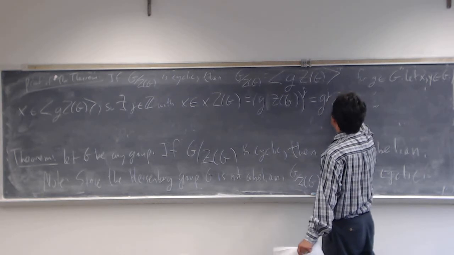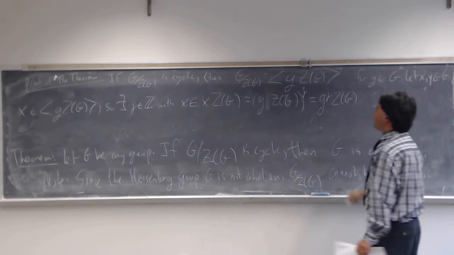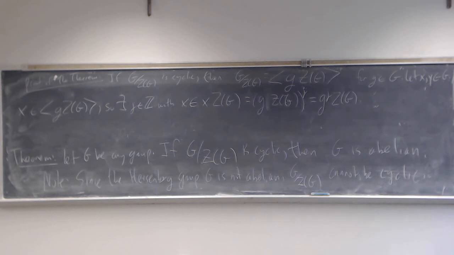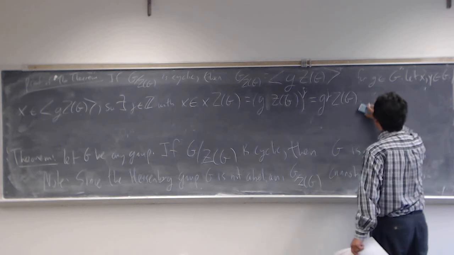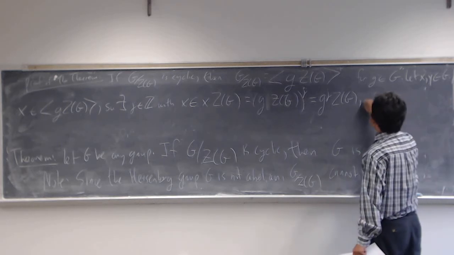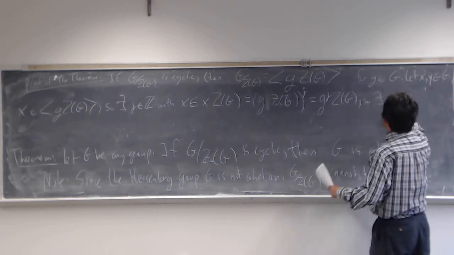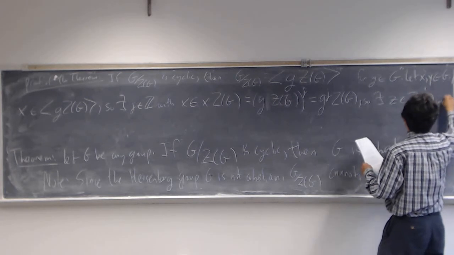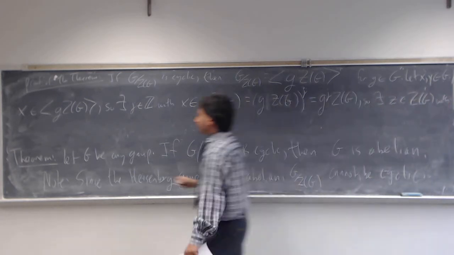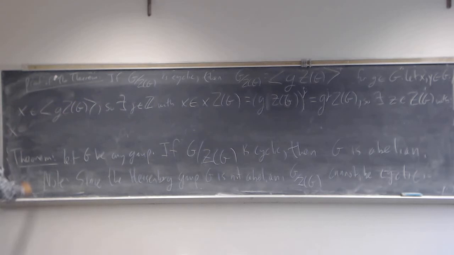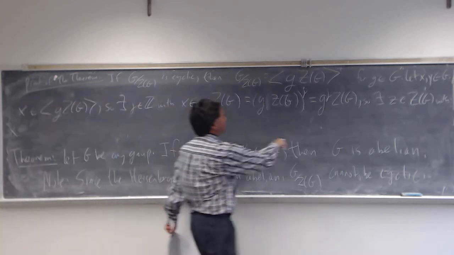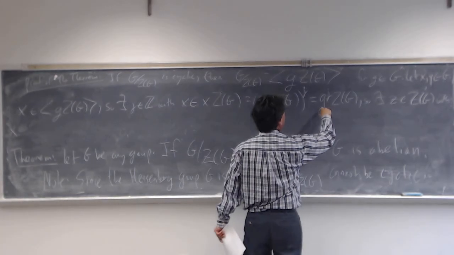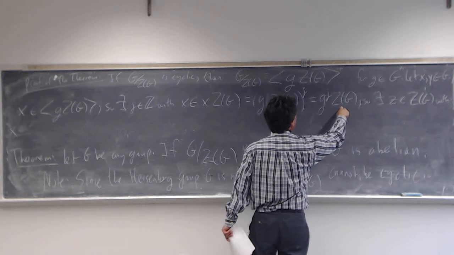So that's G to the j times Z. So there exists a Z in the center with, well, x is an element of this set, G to the j times the center.